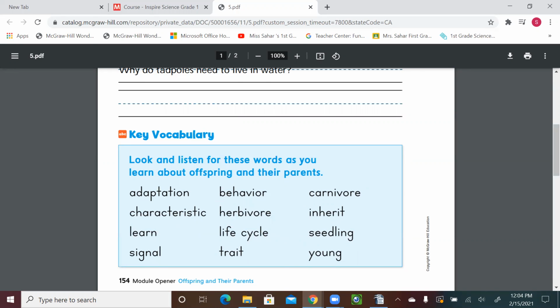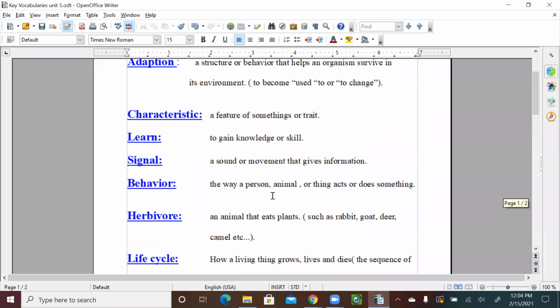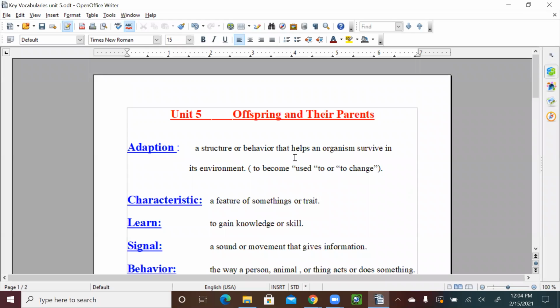I put all these words here for you and I put the definitions, but don't worry, every lesson you'll be introduced to a few words and their definitions, but I just put them all as a start so we can have a little idea about what we're going to cover.